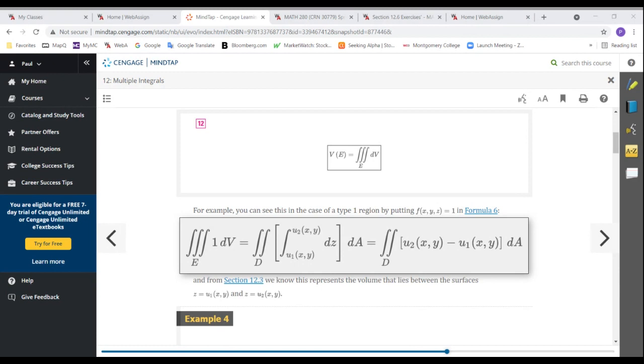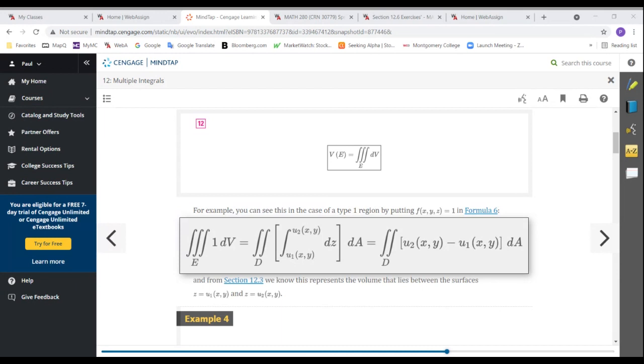For the ice cream cone problem, we took the difference of two double integrals, one for the volume below the sphere, and one for the volume below the cone. The difference, over a circular region D, was then the volume of the ice cream cone.